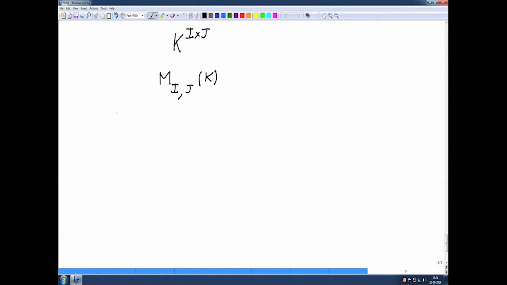So for example, if I take a matrix C, that means C has entries Cij, where I is varying in I and j is varying in j. If I fix I in I and let j vary, that means we look at the j tuple Cij, where j is varying.